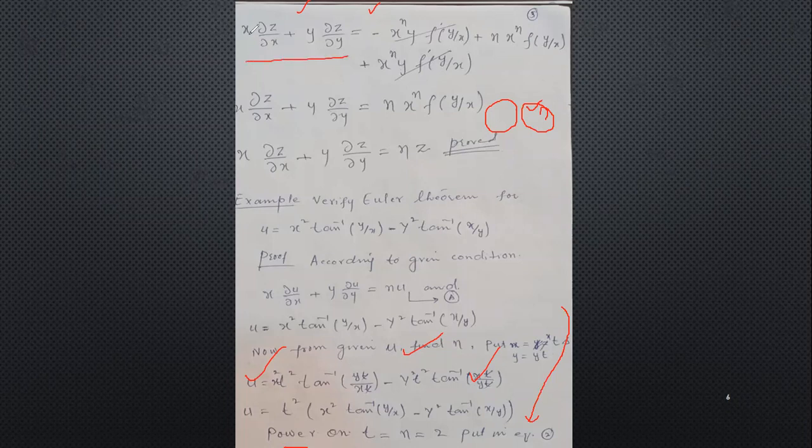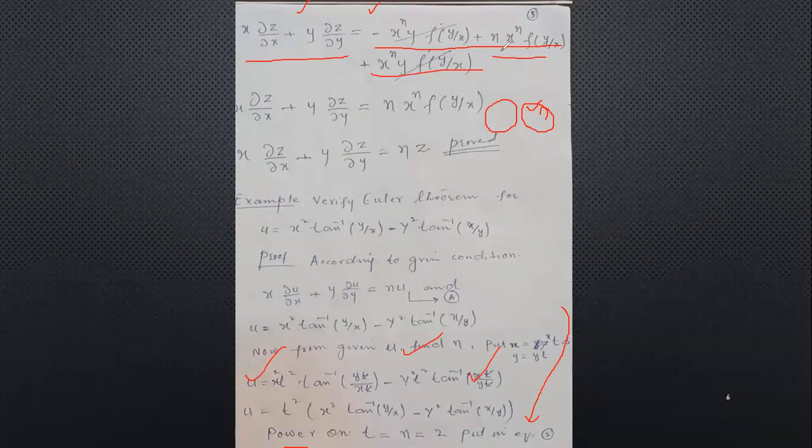So in the left hand side we get x into the partial derivative of z with respect to x plus y times the partial derivative of z with respect to y, equal to, now these terms, minus x y f dash y upon x, and the same term we have here with a plus sign, so the negative and positive terms cancel.